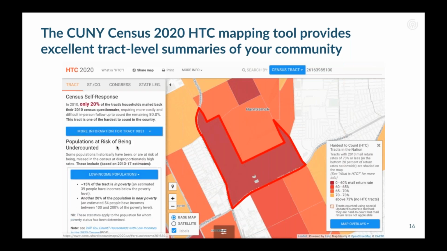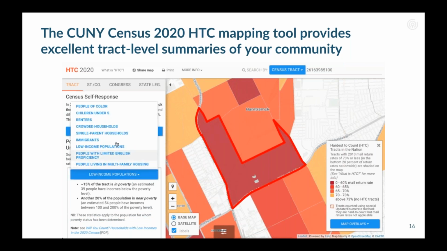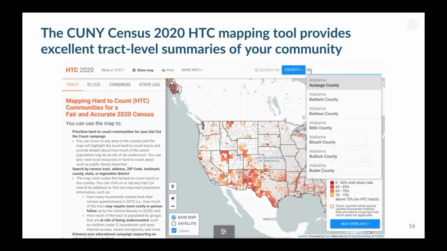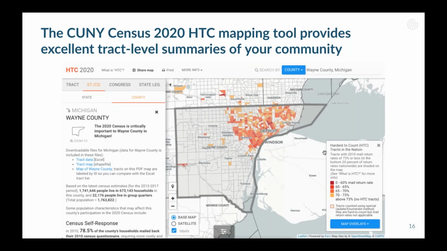It's put together by census professionals, people who have long worked with census data, and it relies upon Census Bureau research. So I'm showing here a video of a simple use of the CUNY tool to first look at Wayne County, Michigan, that's where Detroit is, and then perhaps to drill down to a specific census tract that's particularly hard to count.